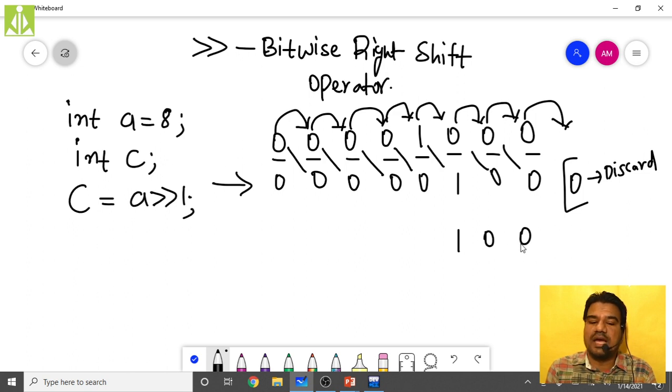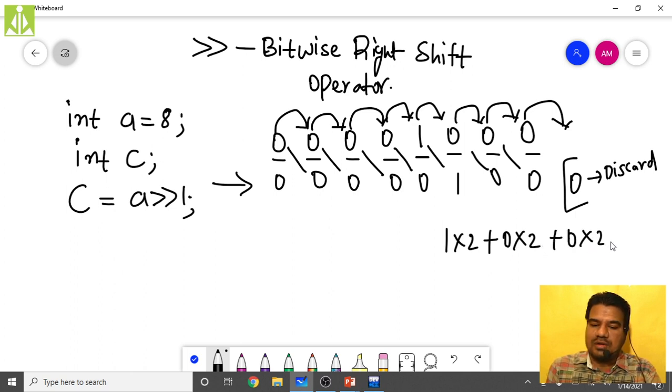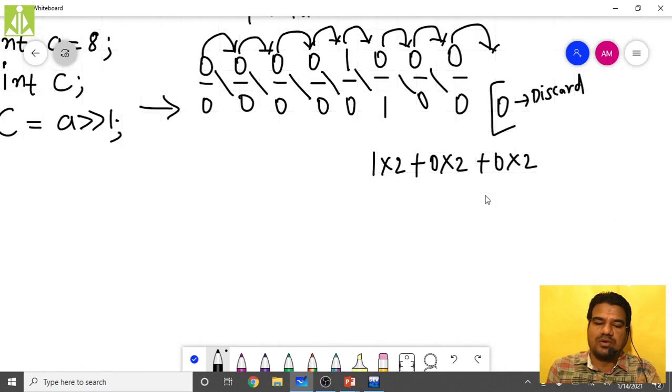If you convert this value into decimal: 1 multiplied with 2 to the power 2, plus 0 multiplied with 2 to the power 1, plus 0 multiplied with 2 to the power 0.